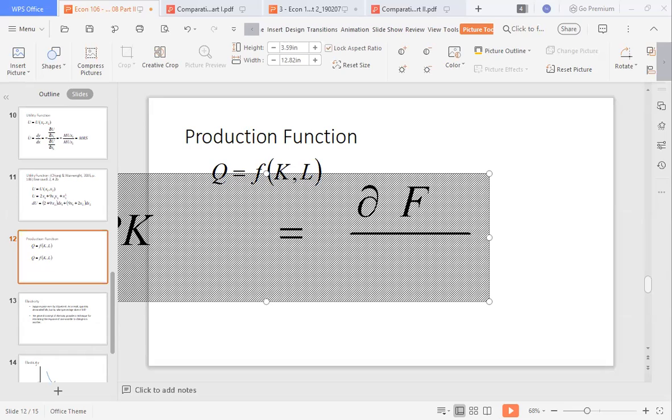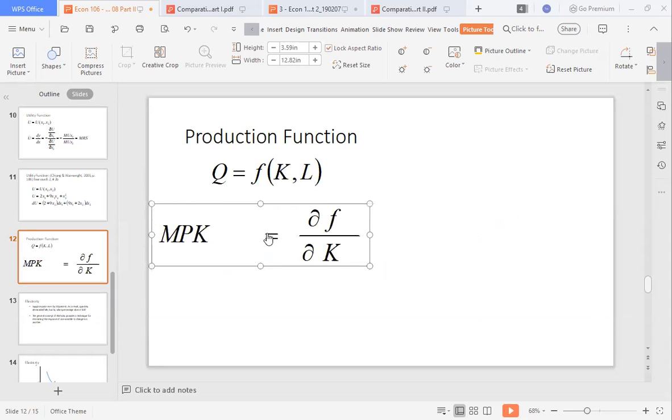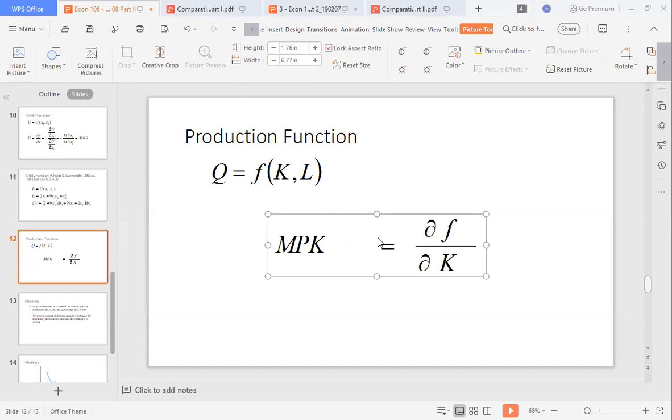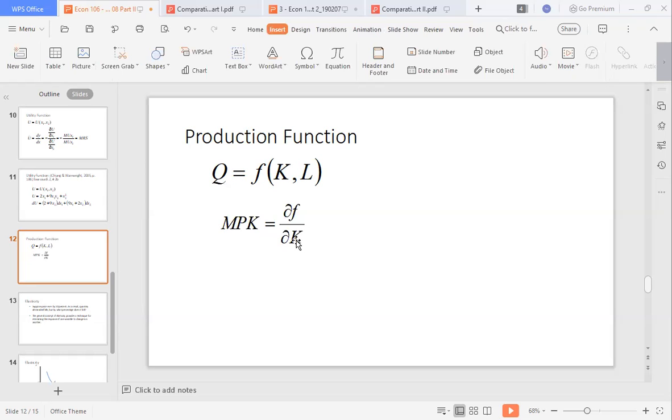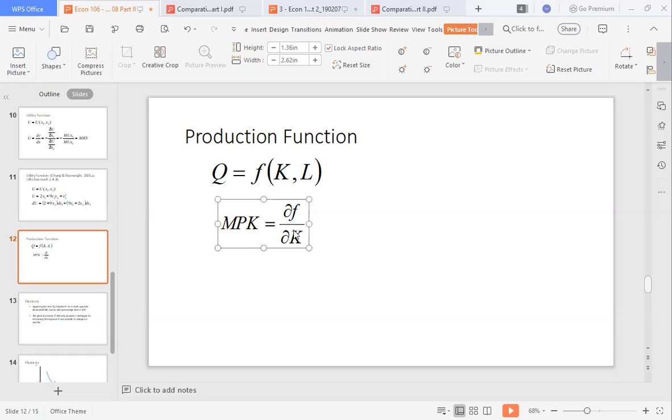Yes. Partial F over partial K po. Great. So that's MPK, partial F, partial K. And then, what is MPL? For MPL po, partial F over partial L po.